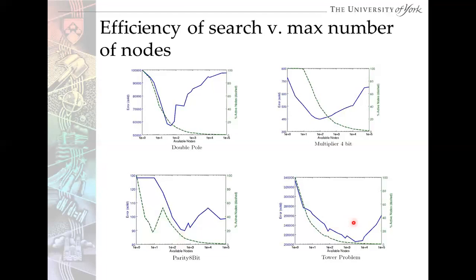And on a very, very difficult classification problem known as the tower problem, you find that the ideal number of nodes is around 5,000. So you can see it varies a lot, but there's always some ideal number of nodes.